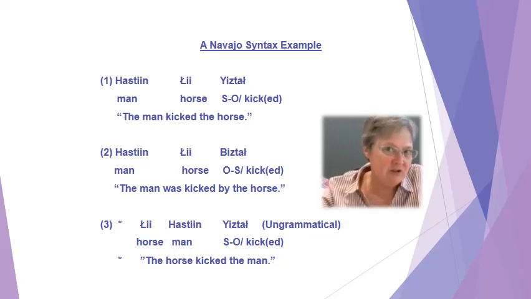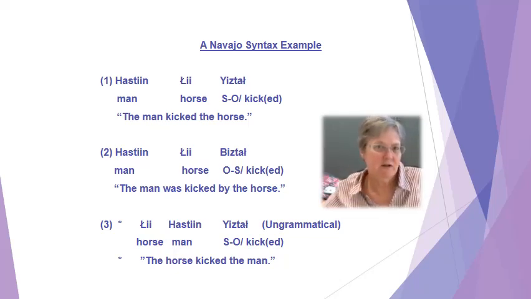Lightning as an agent, as an acting subject, spotted that particular guy and zapped him. All right, agentively we say. So the problem with Lee Hastin yistal is that you're giving too much agency to the horse. A horse cannot act on a man as the subject of a transitive sentence. How about that?